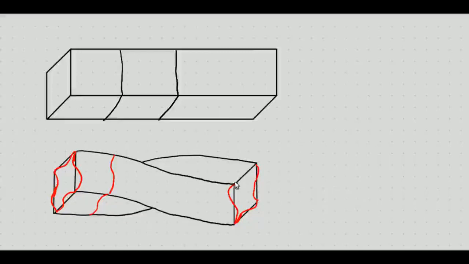This is called warping of the cross section. That is the distortion of the plane sections before twisting: due to twisting, the plane sections perpendicular to the center of twist are distorted, and there is a displacement in the z direction, if z is the longitudinal direction. That is called warping.